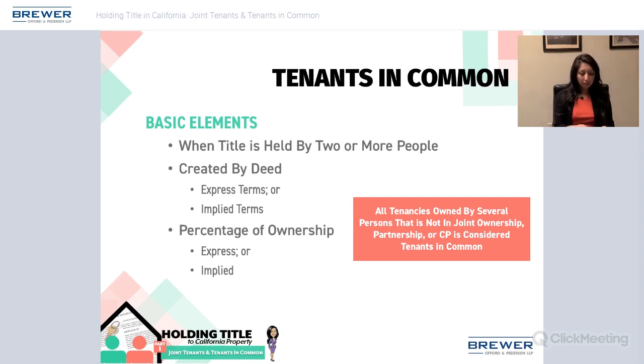So Harry Smith grants to Jane Doe and Wendy Doe. If we just leave it at that, it defaults to tenants in common. Or it can be Harry Smith grants to Jane Doe and Wendy Doe as tenants in common, which is express.